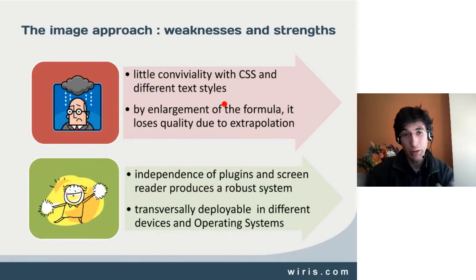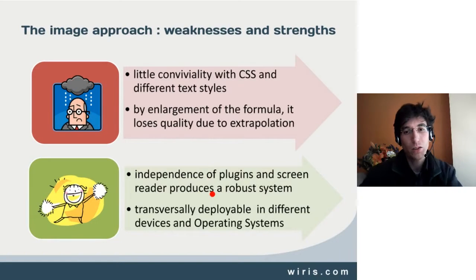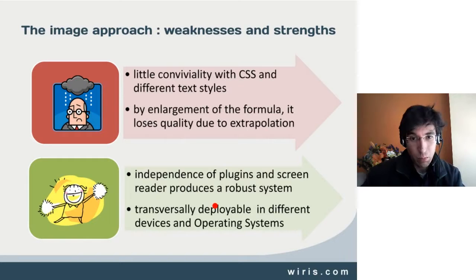And the good things are that it's independent of plugins in screen readers, and this is a robust system, so any device, of course, can show an image, otherwise it's not a smartphone or a tablet. So in this sense, if you have accessibility in your device, then you automatically have math accessibility in your device. And the second point is, it's transversally deployable in different devices and OSs. So basically, it's very portable.